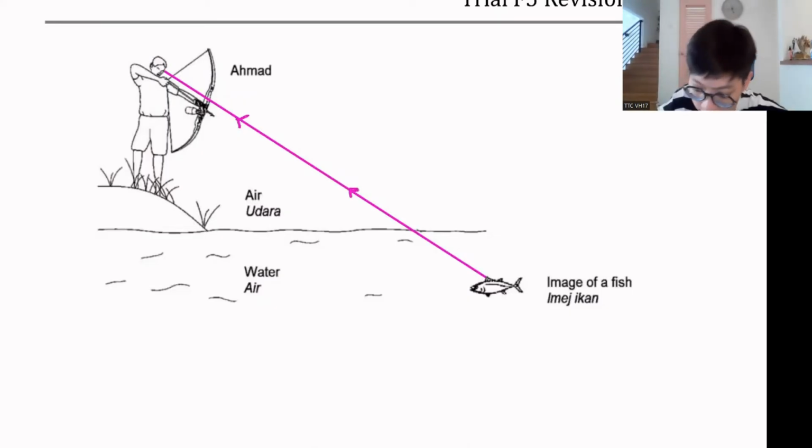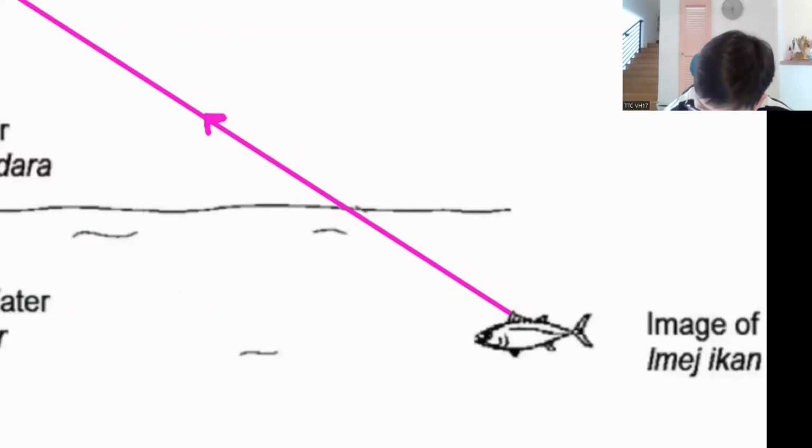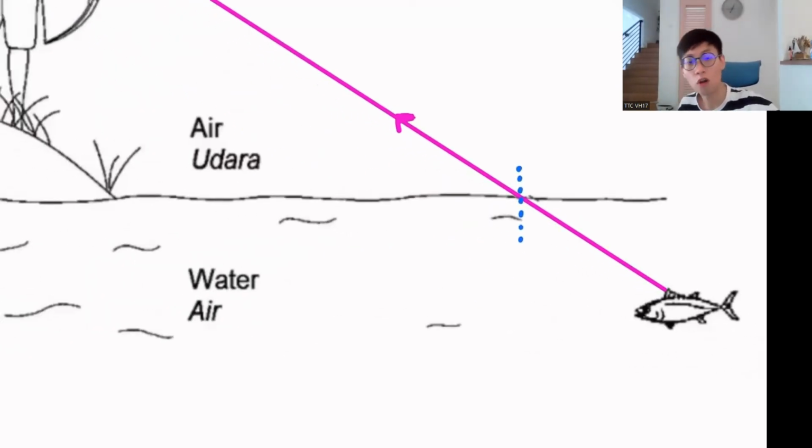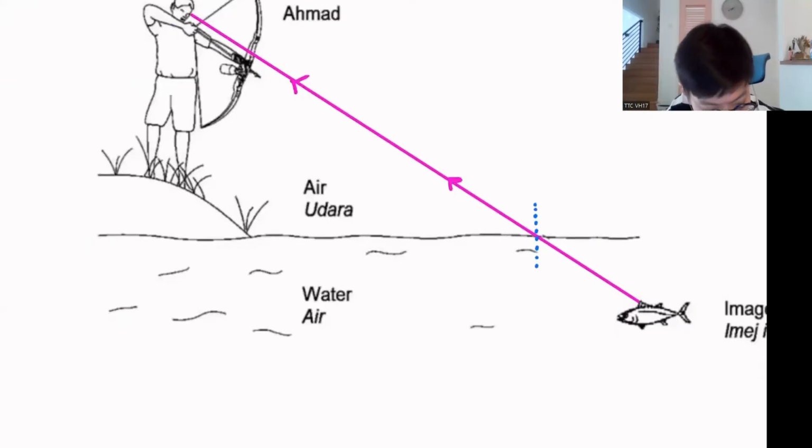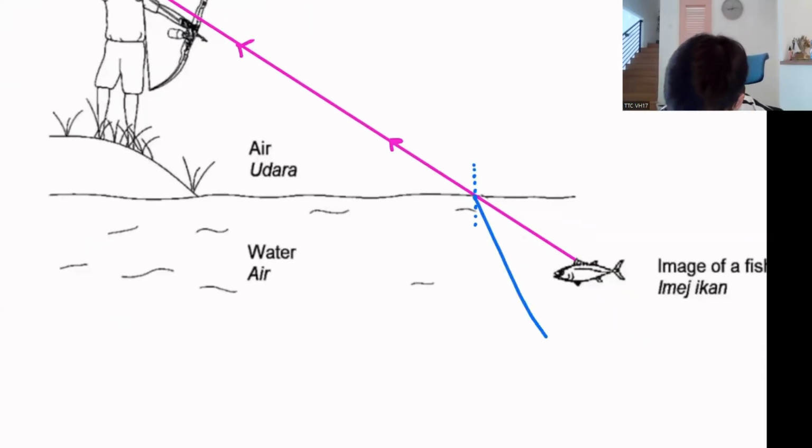But when you look the other way around, so this is the water. This is your 90 degrees, your so-called normal line. So where is this fish actually? The fish appears like that, but it is actually somewhere below here.